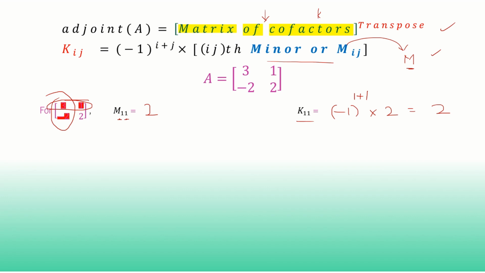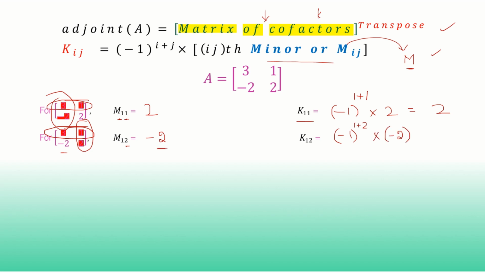Let's figure out the second one, I mean first row, second element. Just go the same way. Hide the first row of the matrix and hide the second column. What are we left with? Negative 2. Over here, minus 1 raised to the power 1 plus 2 multiplied by the element of the minor, which is minus 2.